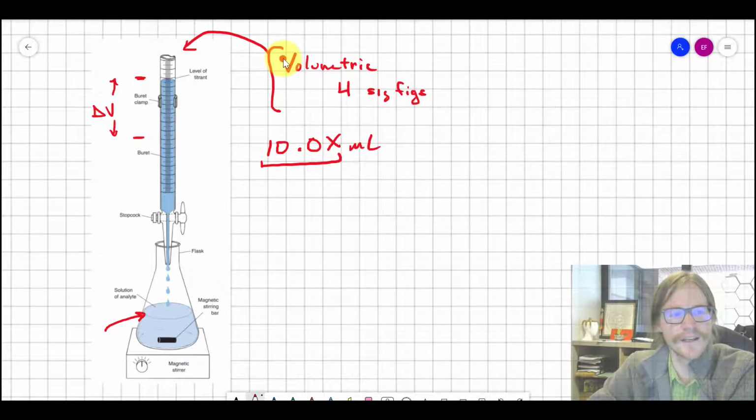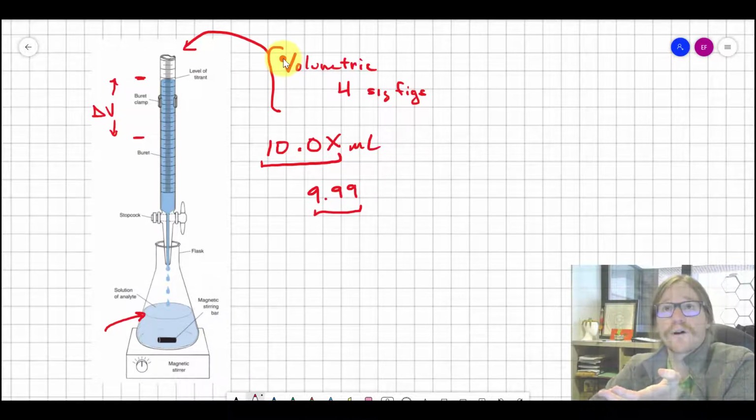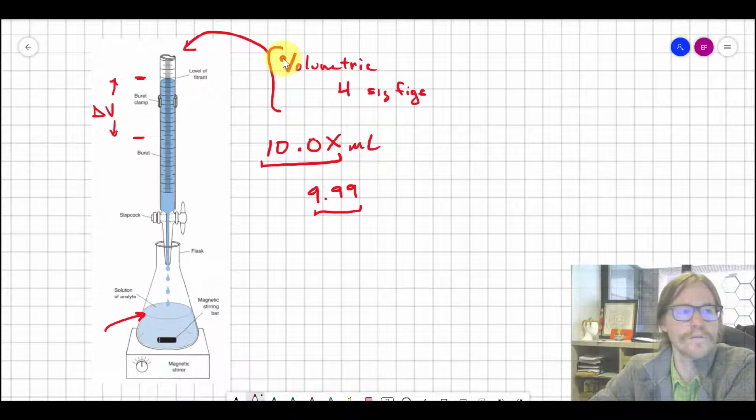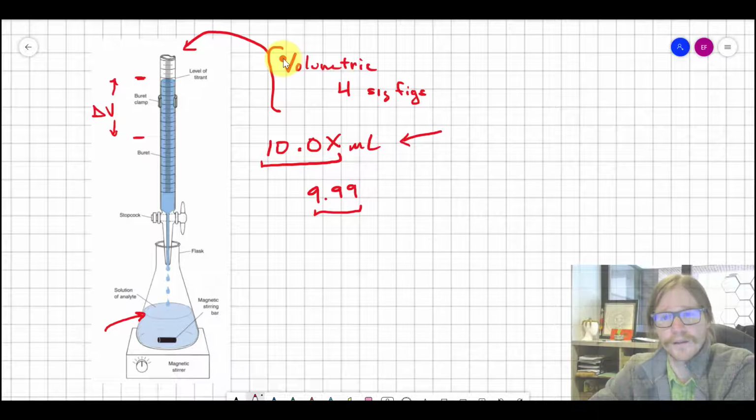If you're less than 10, at 9.99, then you only retain 3 significant digits. So in designing titrations, it's really helpful to consider how much titrant I anticipate using, in an effort to exceed the 10 milliliter range and get that bonus significant digit.